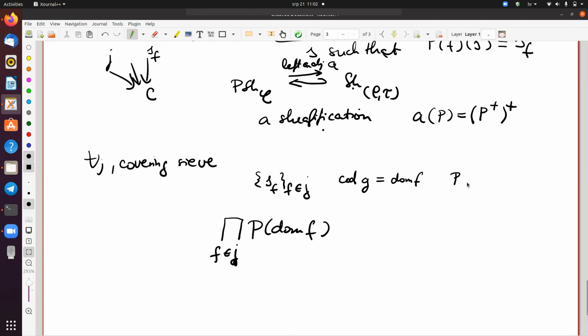What was the condition? P of G applied to S_F was S_{G composed with F}. So you can take now all such ones.